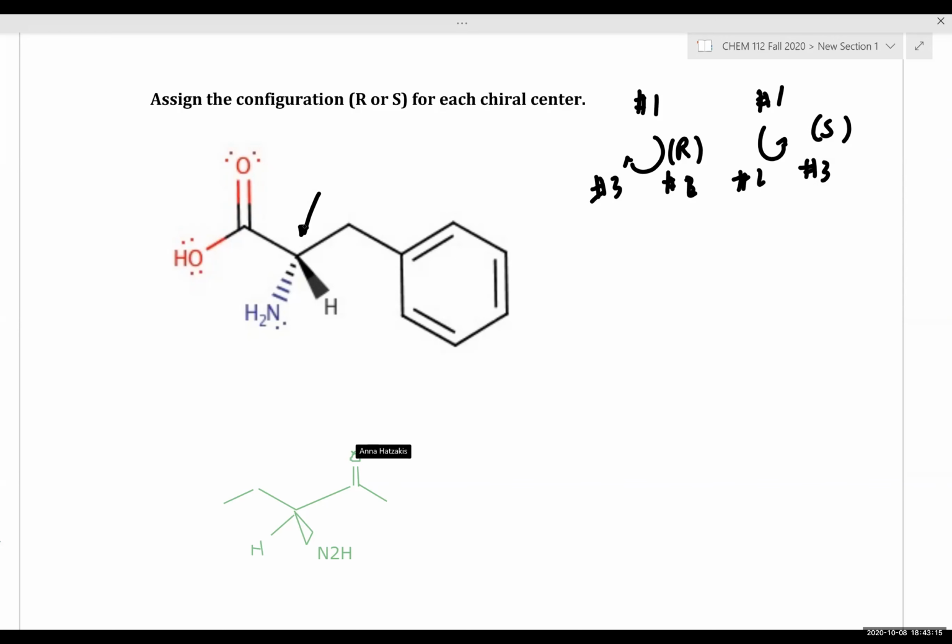That proposed priority assignment and the proposed stereochemistry assignment was on the right track. The only thing to keep in mind is that the hydrogen, which is the lowest priority group, should be in the back.